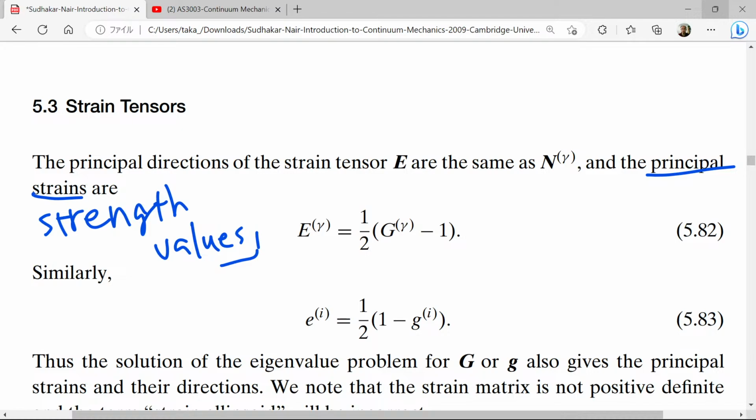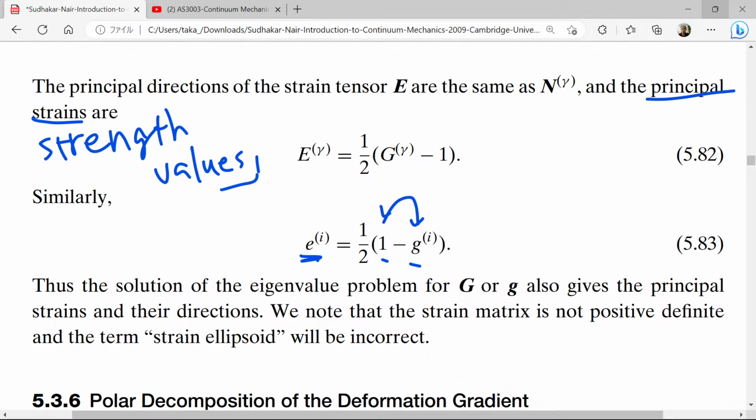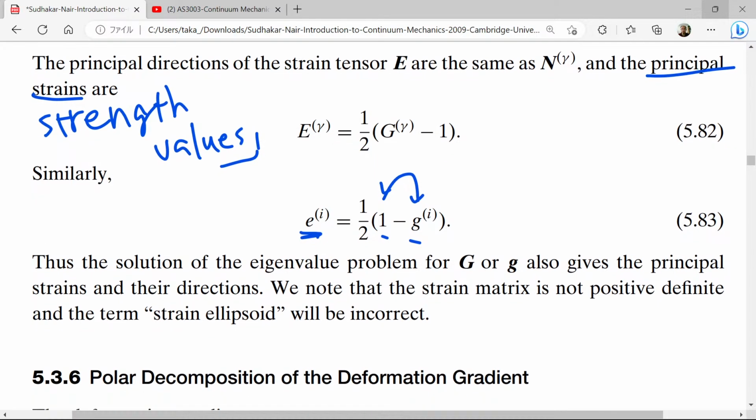Similarly, for small e, swap, you have 1 minus G. Thus, the solution of the eigenvalue problem for large G or small g also gives the principal strains and their directions. We note that the strain matrix is not positive definite.